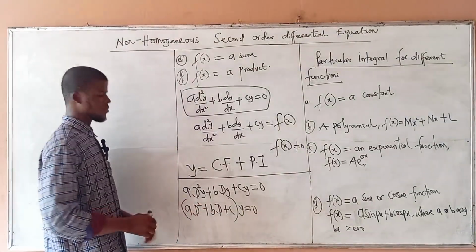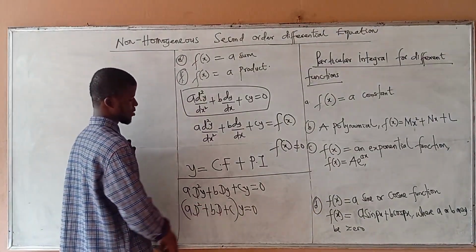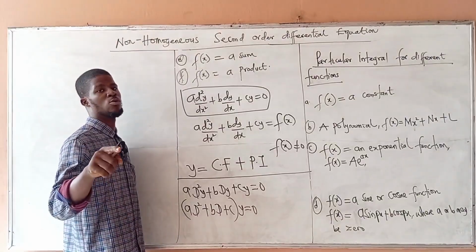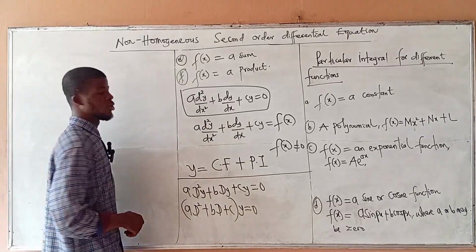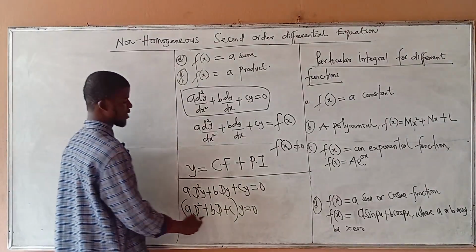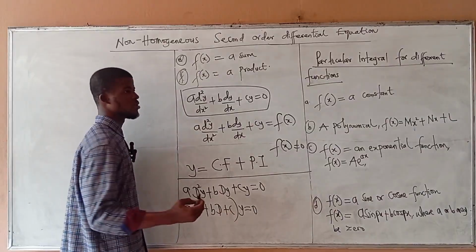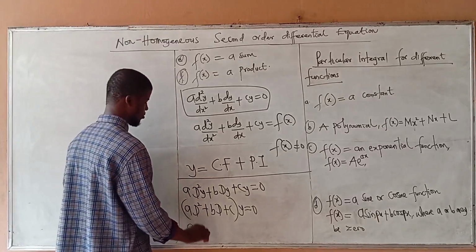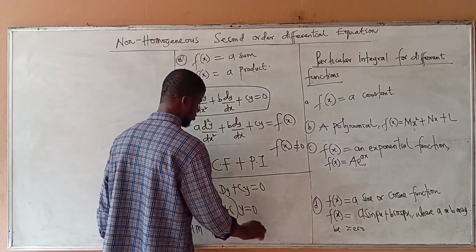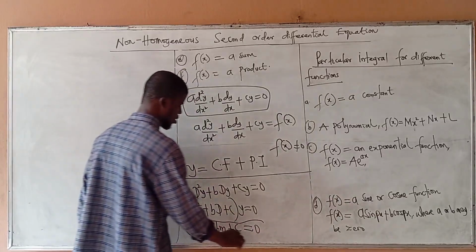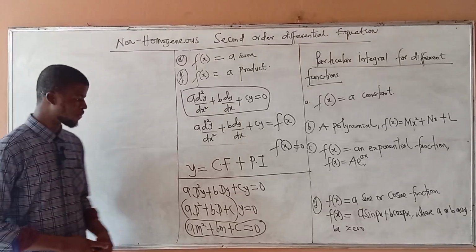What we now do is form what we call the auxiliary equation. For the auxiliary equation, I'll rewrite this bracket using a variable m to look like this: a m squared plus b m plus c equals 0. This one is called the auxiliary equation.